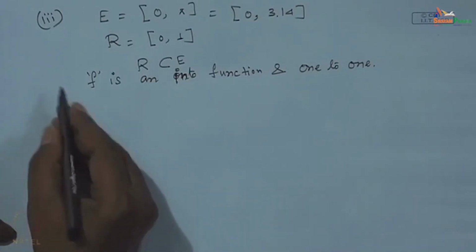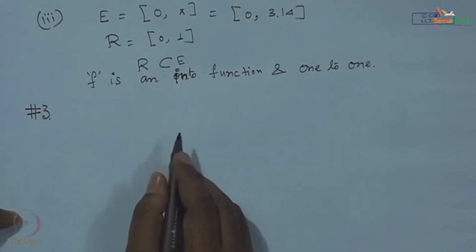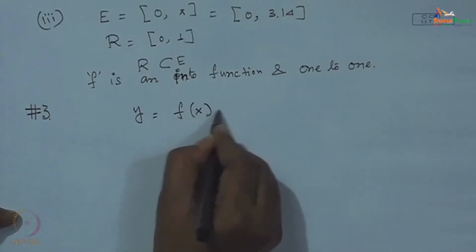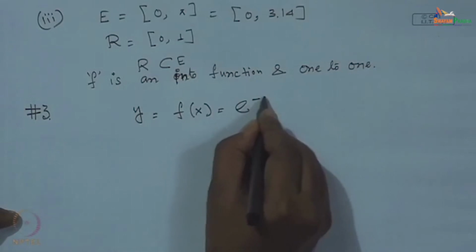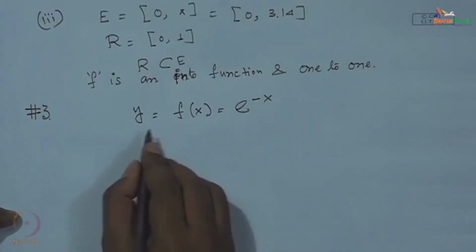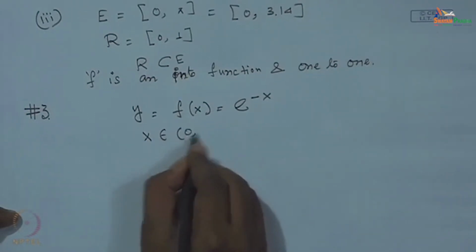Okay. Now, let us go to the next problem. The next problem is, again we consider a function y is equal to f of x, and f of x is an exponentially decaying function, e to the power minus x, and x belongs to the domain 0 to infinity.